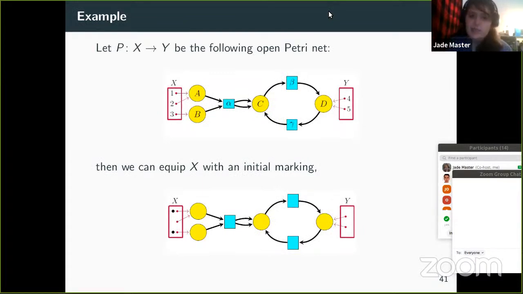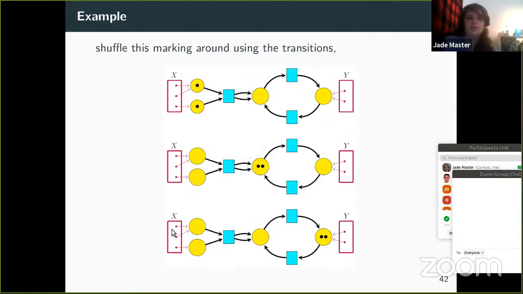So here's an example of the reachability relation. If you take this open Petri net, you can equip it with a marking, and that's what these two black dots here are. So first you push those markings onto the two places. And then you can fire this blue transition, which takes in the 2 and outputs 2, it puts them there.